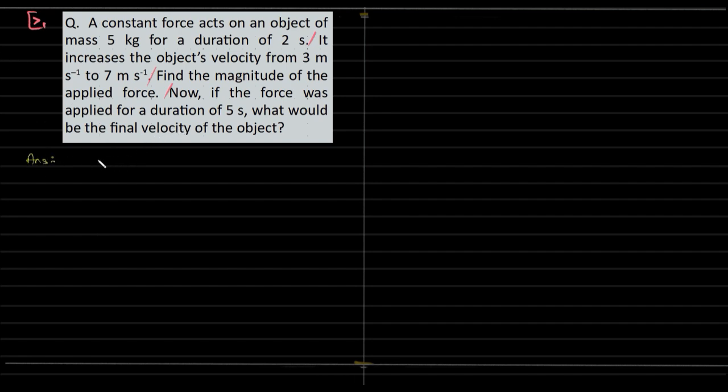So we are looking at two different cases. Let me draw and explain. So case 1, we have an object whose mass is 5 kg and there is a force being applied for a duration of 2 seconds.